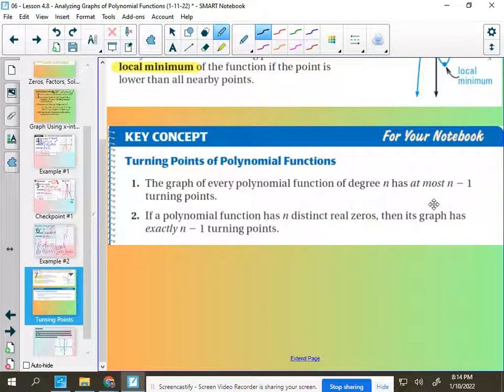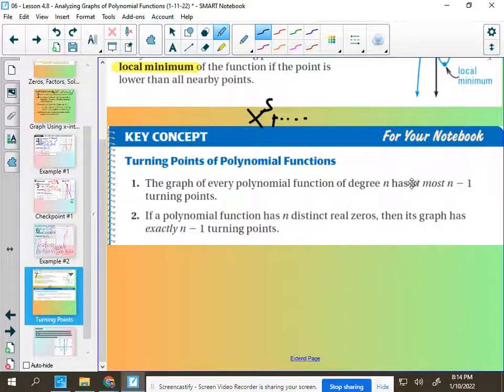Sometimes a little bit tougher. You can write these, I think. It's basically the degree of the polynomial. If I subtract 1 from the degree, so let's say I have a 5th degree polynomial, x to the 5th plus whatever, that graph has at most 5 minus 1 turning points, so 4 turning points.